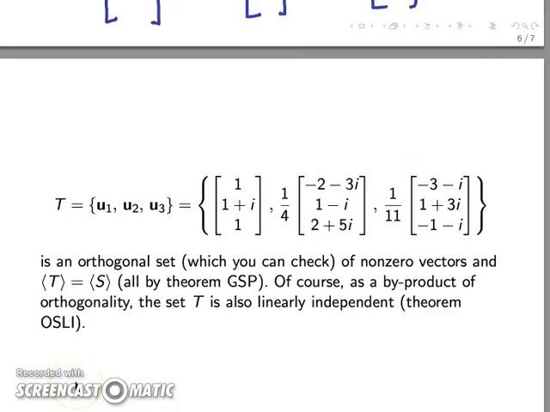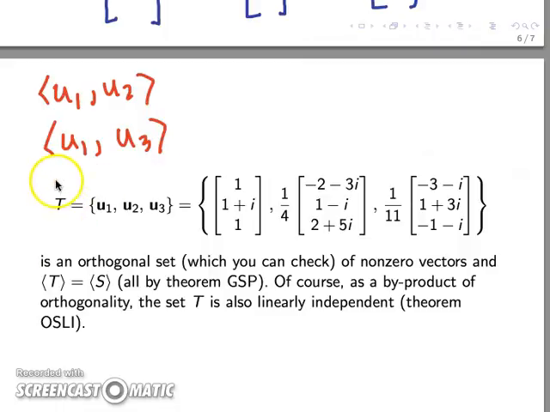So in summary, we have used the Gram-Schmidt procedure to construct vectors u1, u2, and u3, which have this shape, and because of this Gram-Schmidt procedure, we would find that this set is orthogonal. This is another thing that you can verify. You can compute the inner product of u1 and u2, the inner product of u1 and u3, and also the inner product of u2 and u3.